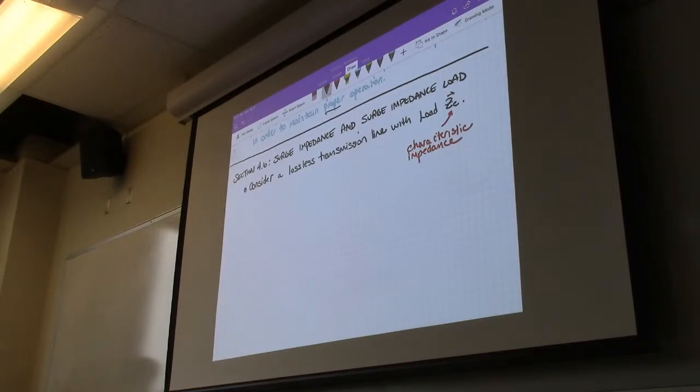Some of the assumptions from this section are very close to the assumptions from chapter 10. We're going to assume the receiving end to be the reference, just like we did in chapter 10.